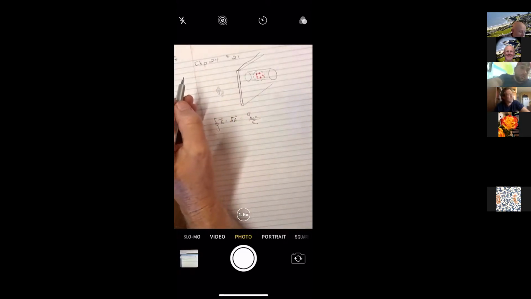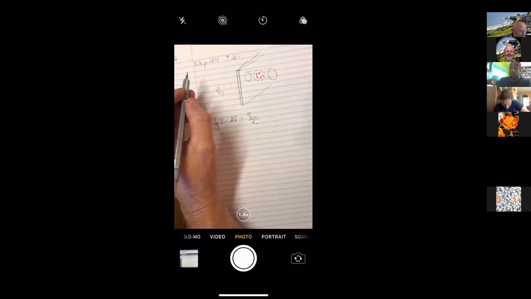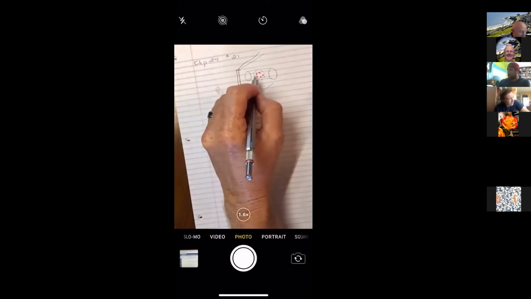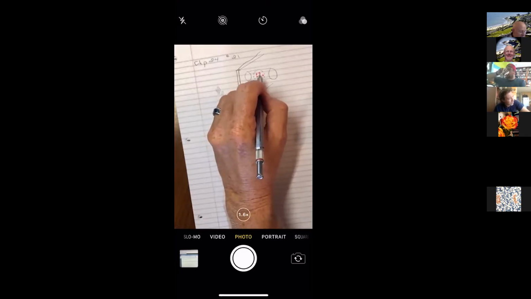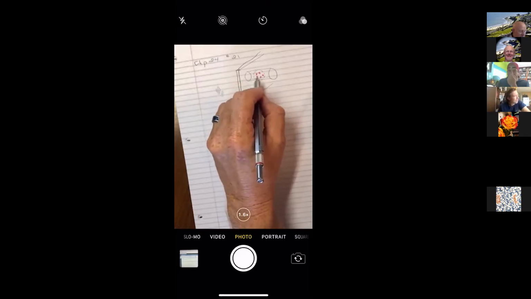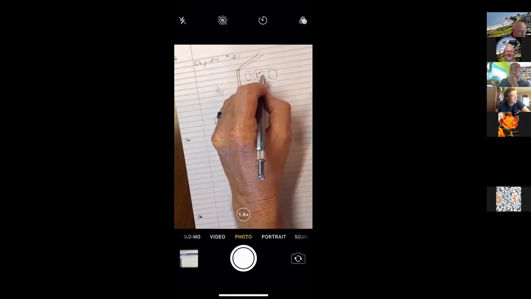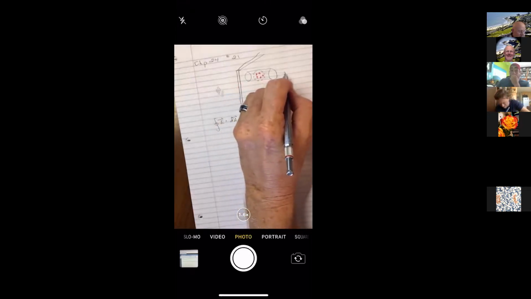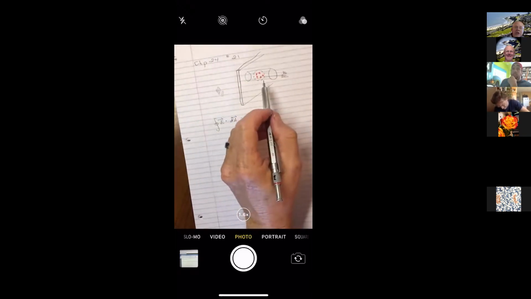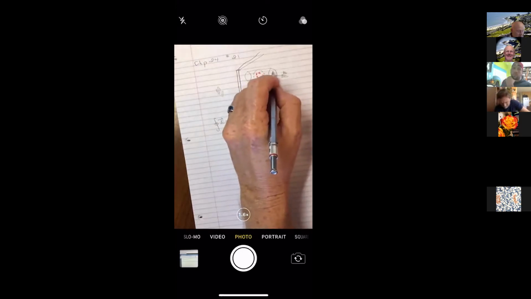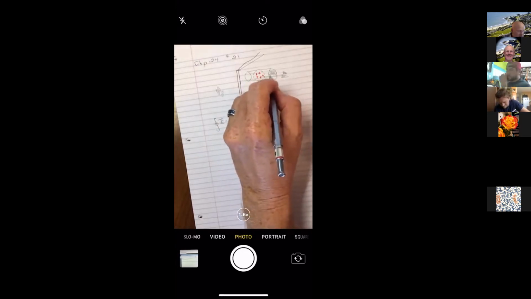But here's what I would argue, that the electric field coming from these charges would be going straight out from the sheet. So it would be going through this surface here.